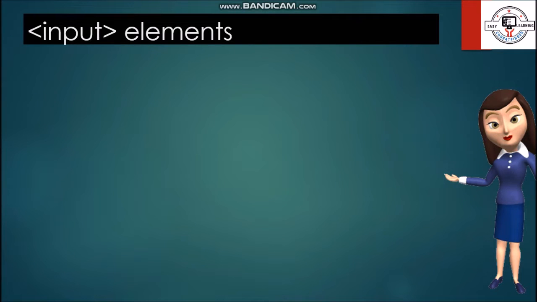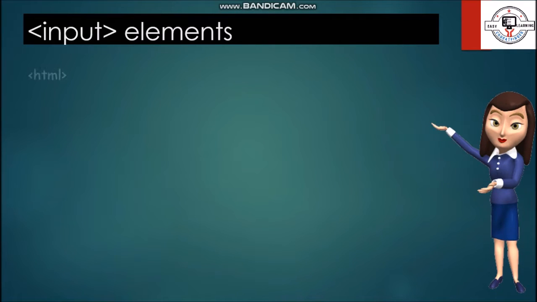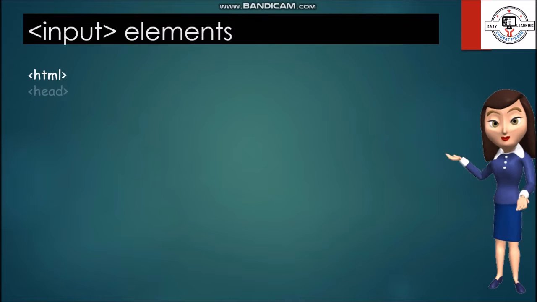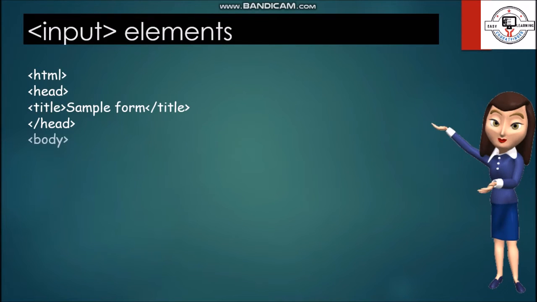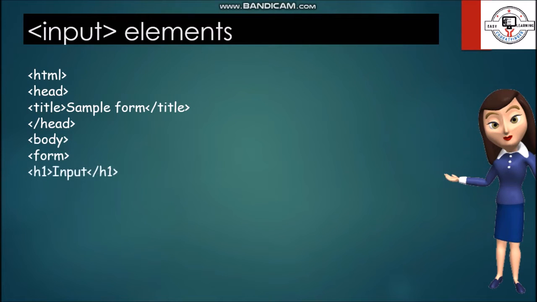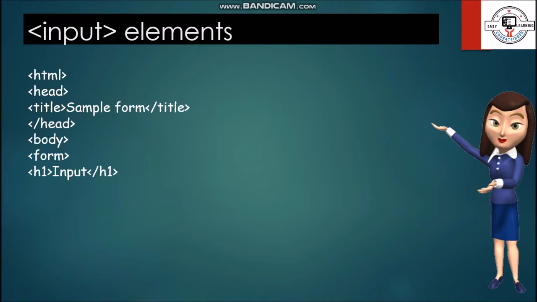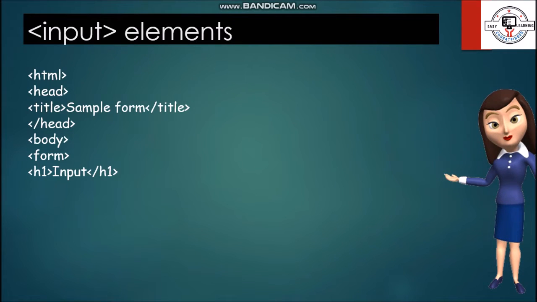First, take the example of input elements. How can we define it? Just take a small example defining head, title, head close, body, form start. Then I'm taking the h1 heading so that we can see what the program is related to.